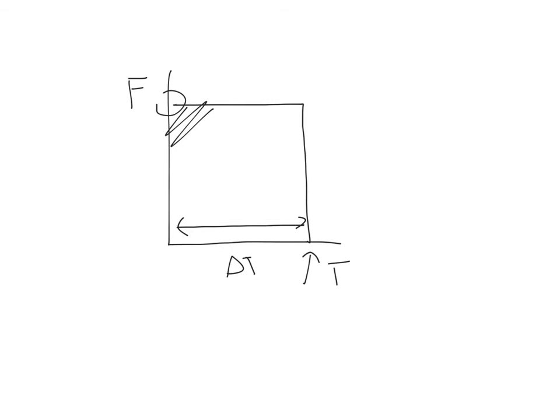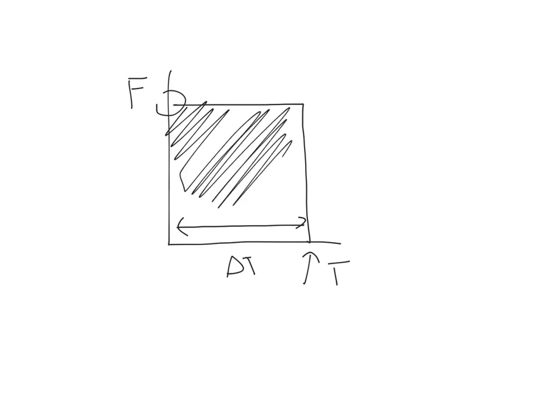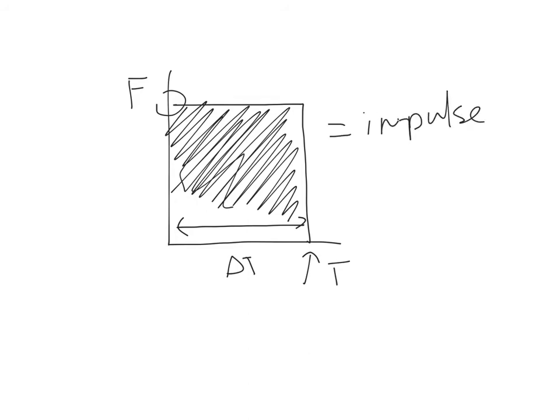And if we look here, the area under the graph then is equal to the impulse. So the area under a force time graph is equal to the impulse. Now, as we saw in the previous slide, impulse is equal to the change in momentum. And change in momentum for most objects, they don't generally change mass.